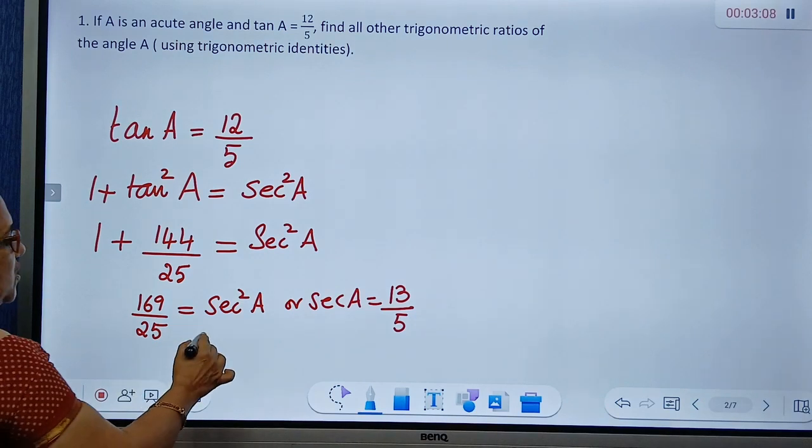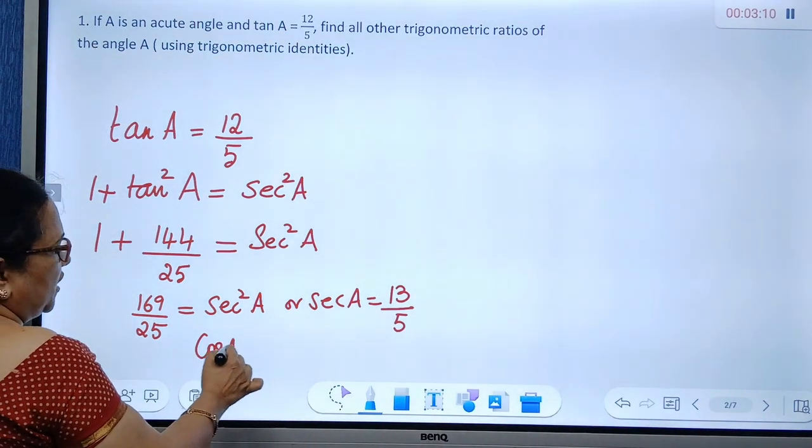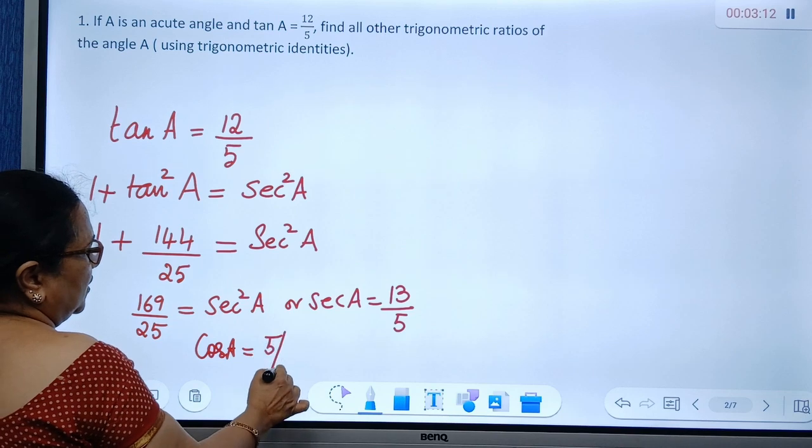If secant A is 13 by 5, cos A is 5 by 13.